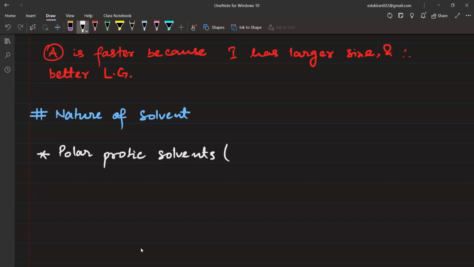That means they're able to give H plus ion. So, for example, water, alcohol, or acetic acid. Okay, these are the examples.